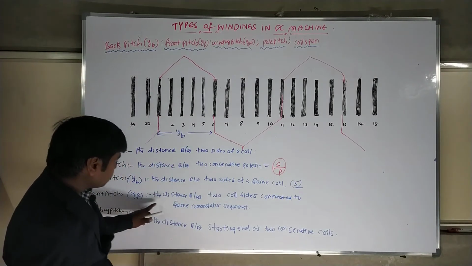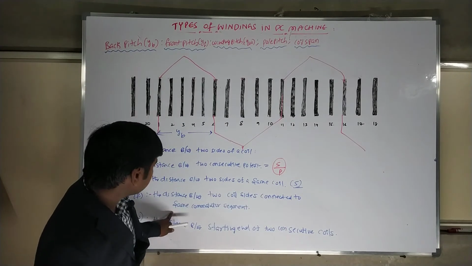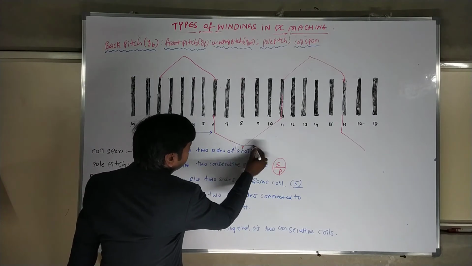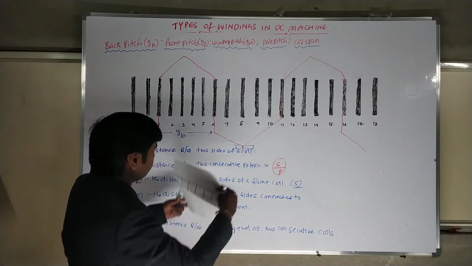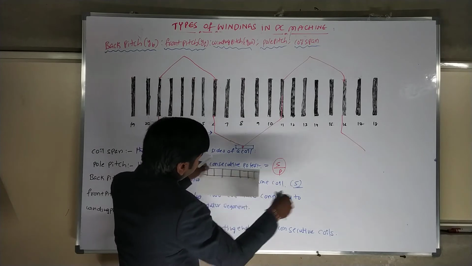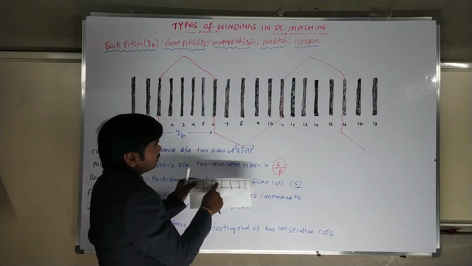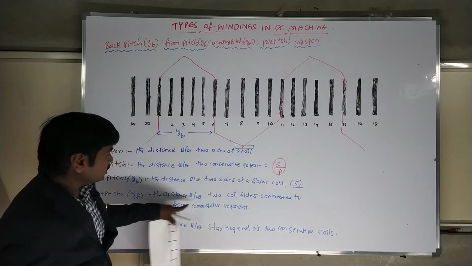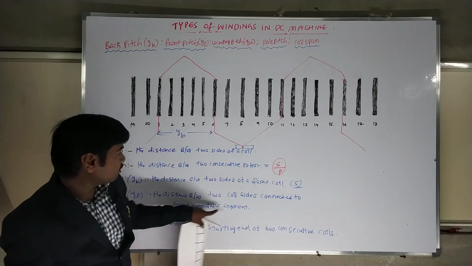Next, front pitch. The distance between two coil sides connected to the same commutator segment. So here I can show one commutator segment. This is one commutator segment.